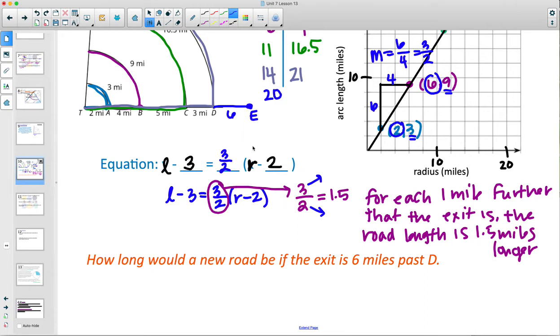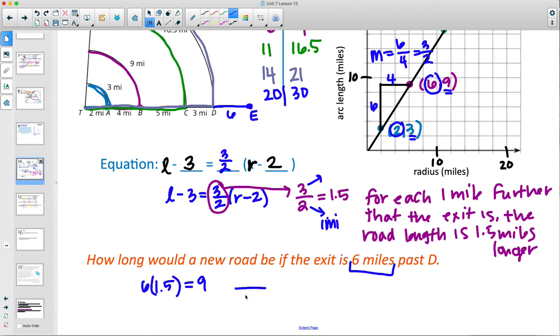For every 1 mile further from Town Hall, we add 1.5 to the arc length, and we just added 6 miles. So 6 times 1.5 is 9. So we're going to have to add 9 miles to this road length. So then it's going to be at 30. That's one way to think of it.